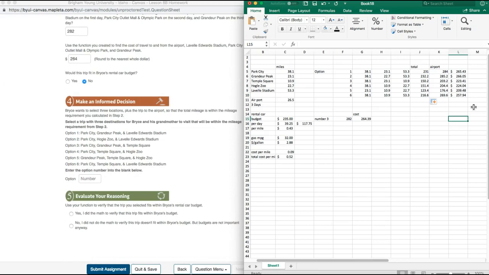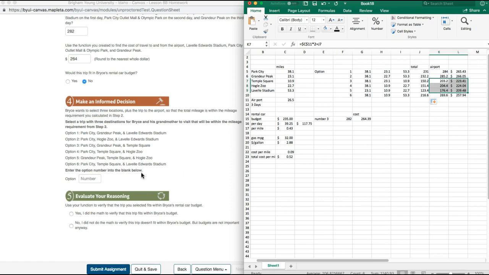Okay, so now we're going to look for miles under 282 or the dollars that are 235. So let's see, is there any options? We have this one, this one, this one. So I think we have these 3 options here, right? Yep, those are all under 235, which is his budget.